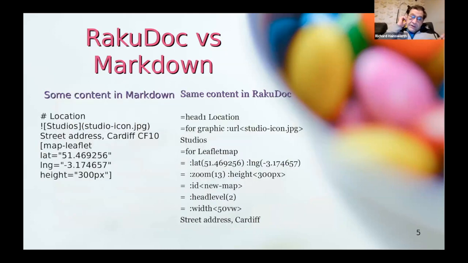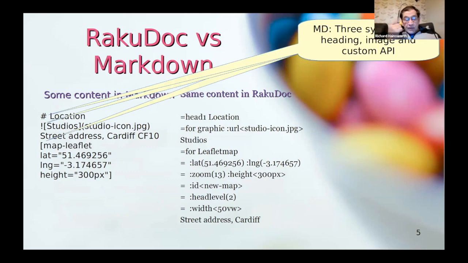So here are two snippets. One is in Markdown, which I used for my website using Grav CMS, and the same content in RakuDoc. So you'll see that in Markdown, there are actually three different syntaxes here.